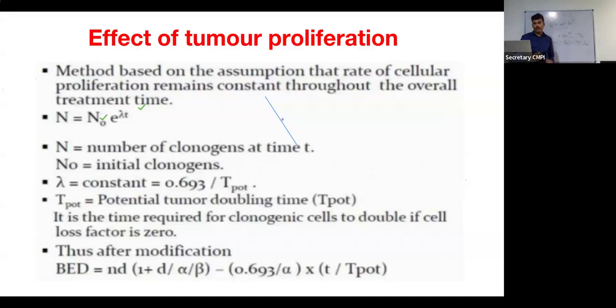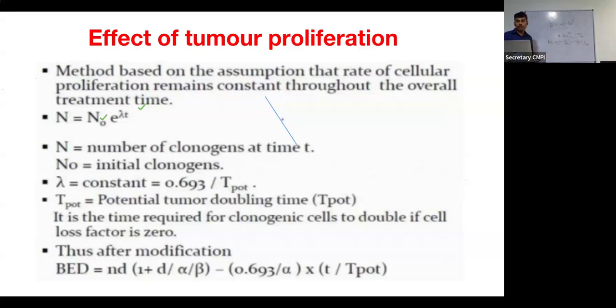This T is the total treatment time and T potential is the doubling time of that particular tumor. So for the tumor BED calculation, you need to address this equation. If you are going for gap correction and all, you have to use this equation. There are certain exceptions, I will tell you that.